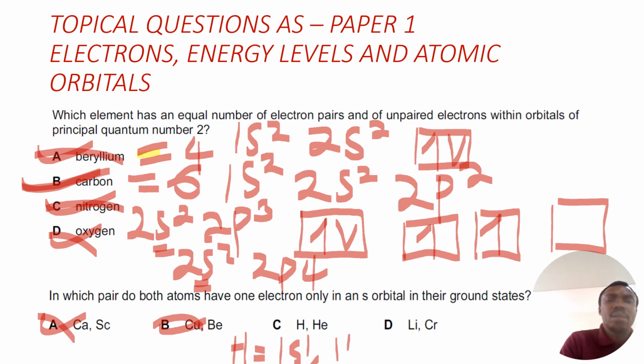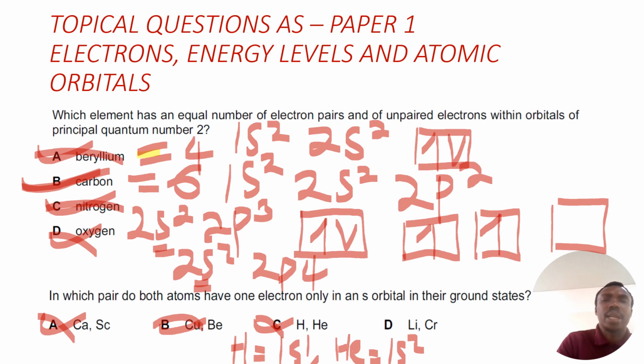Then you have helium, which is 1s2. So within the s orbital, hydrogen has 1 electron, but helium has 2 electrons. So C is not the answer. Now let's move over to D.